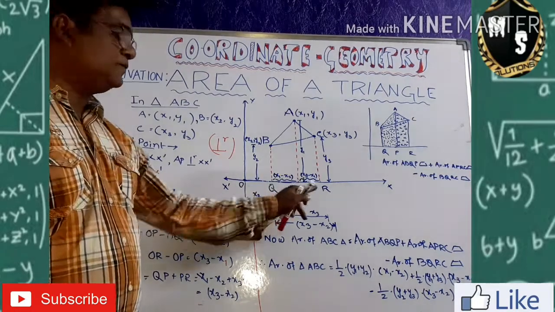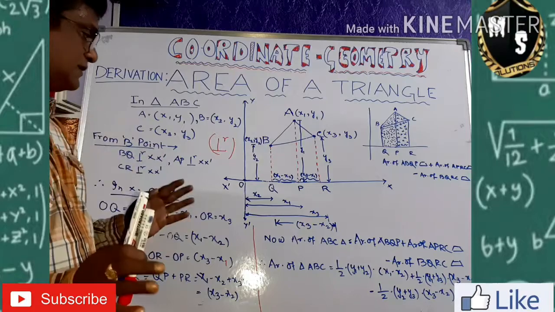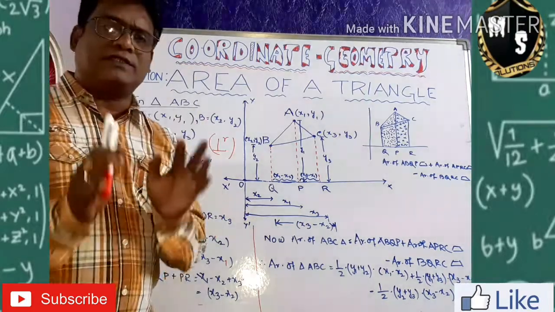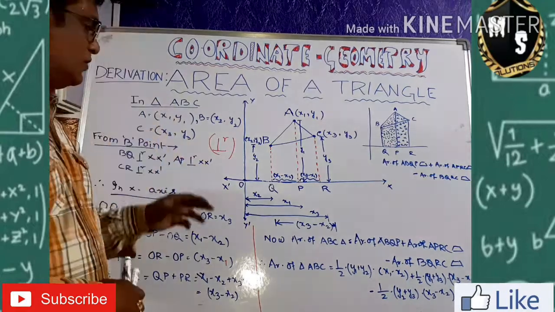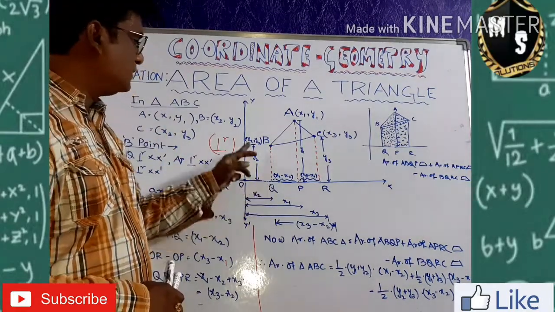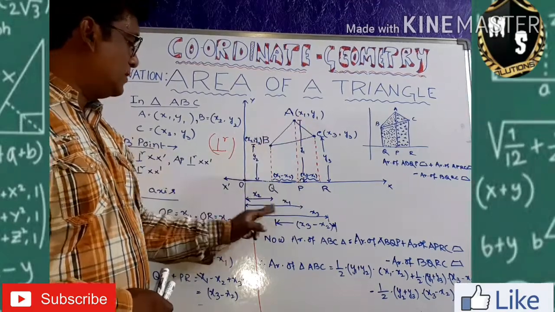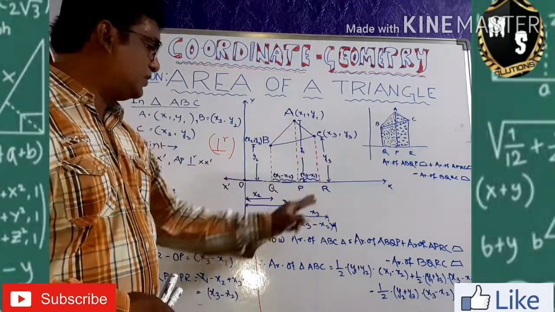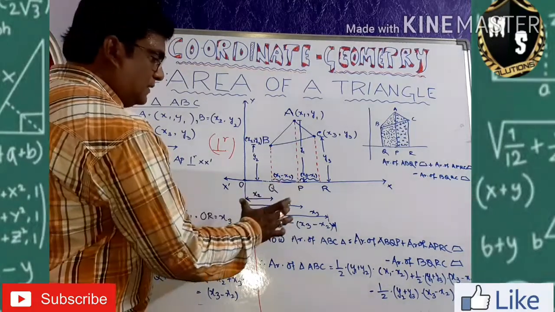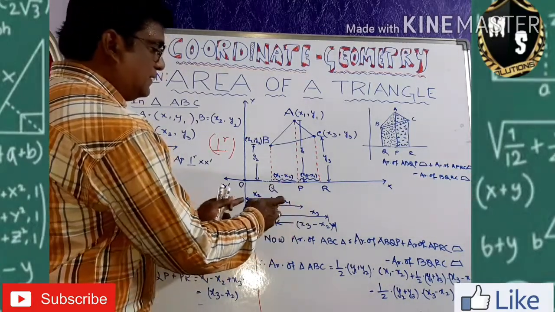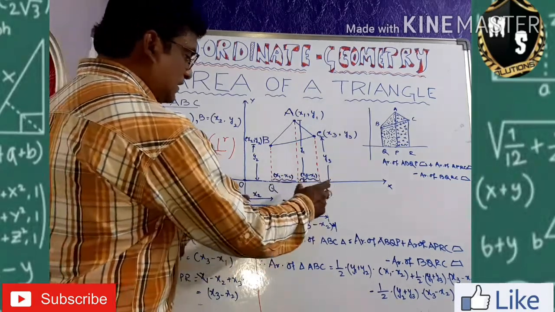So in x-axis, finally I am saying to you, what you are going to do is just write the measurements according to the coordinates. So look, first O to Q, x2, O to P, x1, O to R, x3, direct coordinates. Then what you did? This small one, this minus this, x1 minus x2. This distance.